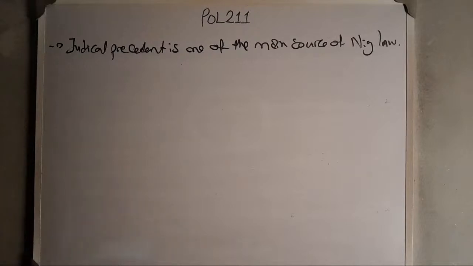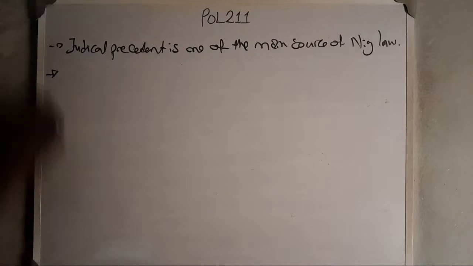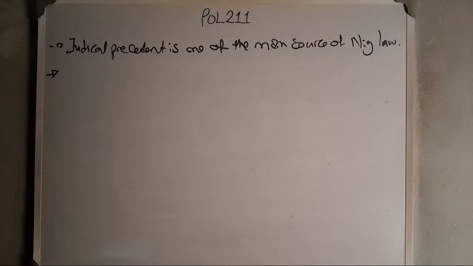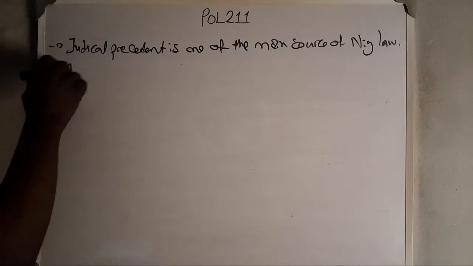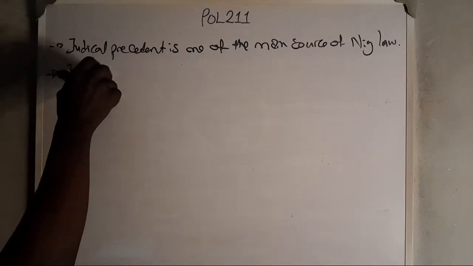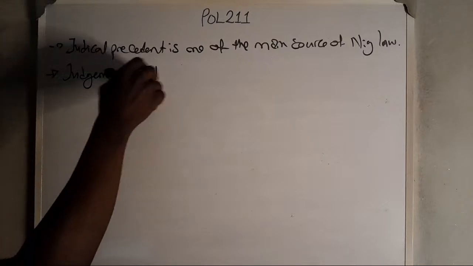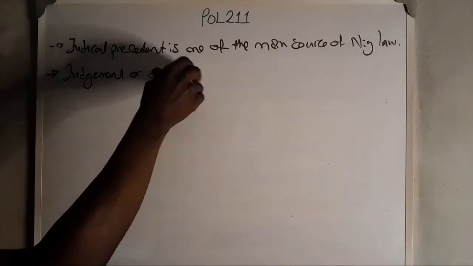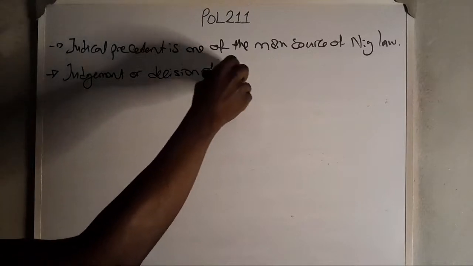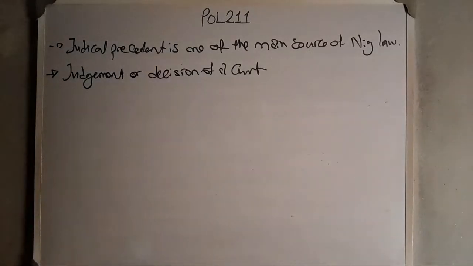Now, the bottom line here is that judicial precedent is the judgment or decision of a court, cited as an authority.